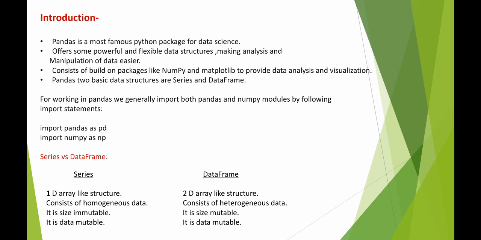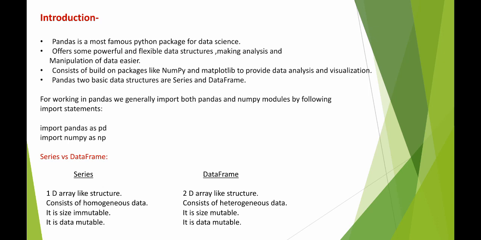Series consists of homogeneous data, since arrays also had homogeneous elements only. Heterogeneous data means you can have multiple data types at the same place: one element can be of float type, one of string type, one of numeric type.